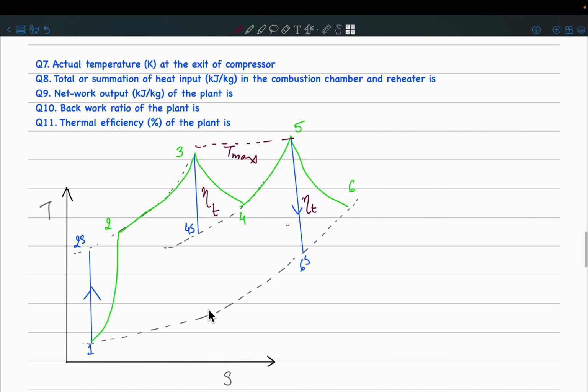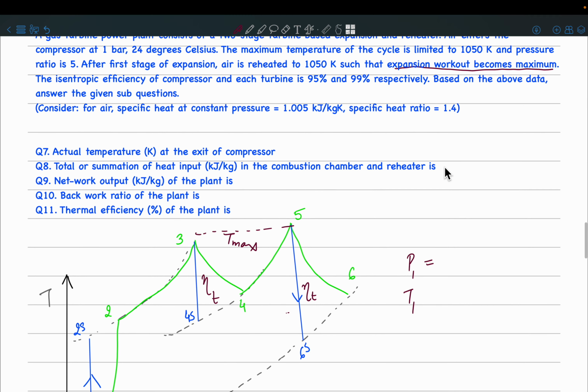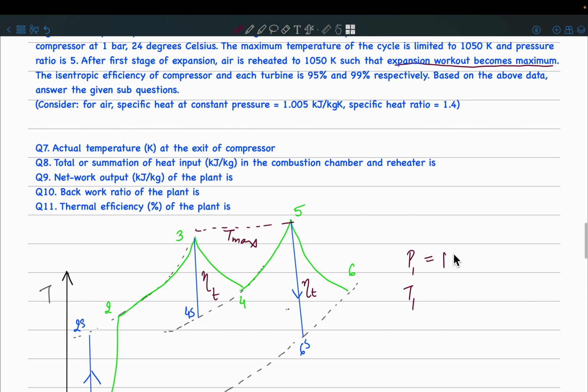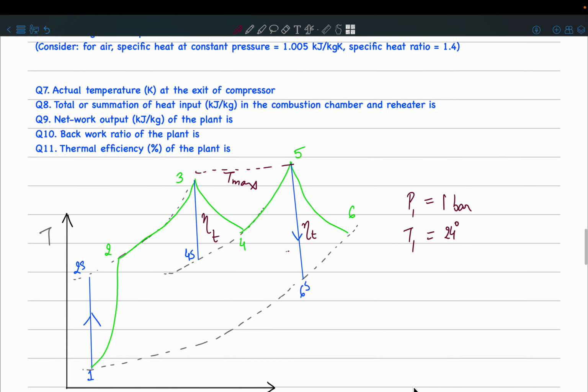The first thing we have to do is solve for the exit temperature of the compressor, that is T2. We are given P1. So what was P1 over here? P1 is 1 bar. And T1 is 24 degrees Celsius. So now come on, tell me, what do we do next?